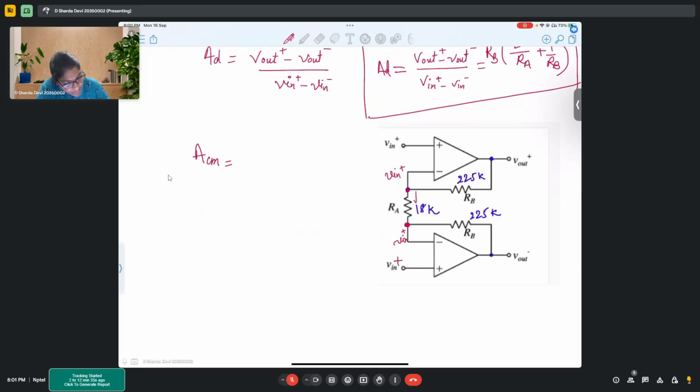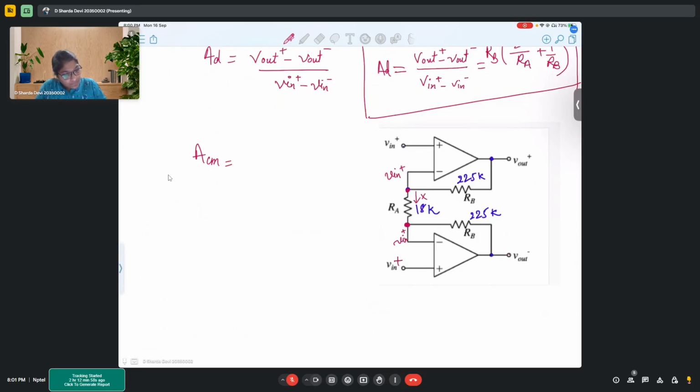So there won't be any current flowing through this, right? So your V out plus and here both will give you the same V outs.